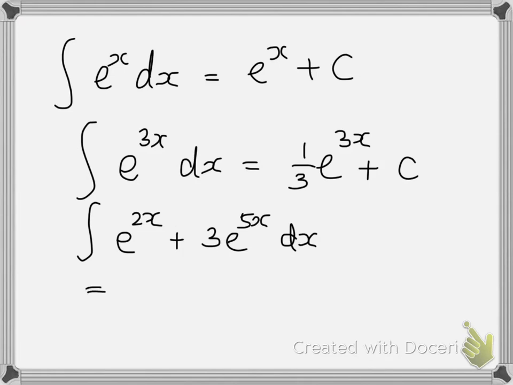So this becomes half. Remember, it's just e to the power 2x, and then you divide by that differentiation, right? And then plus e to the power 5x over 5, right? So the 3 remains because it is a constant. So that's it.